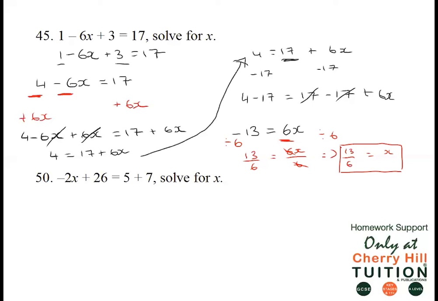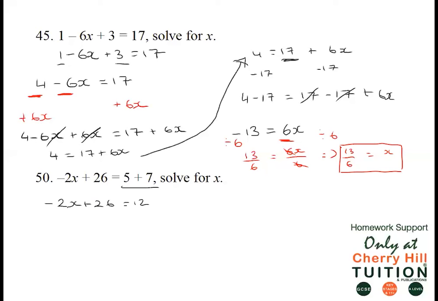Okay, so I am hoping that you would have realized that 5 plus 7 are both like terms and we can simplify them. So we can rewrite this as minus 2x plus 26 is equal to 12. Now we need to try and get the x to be on its own.